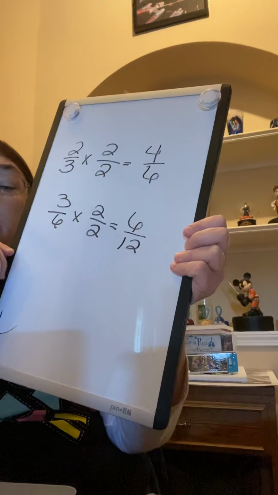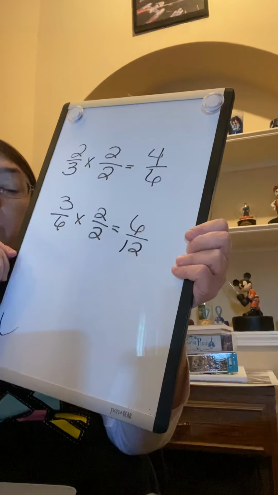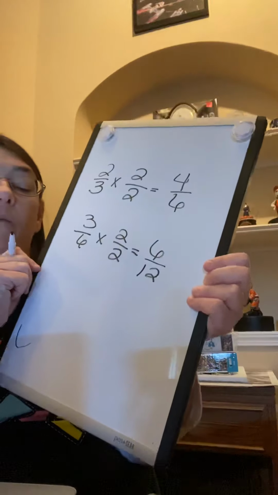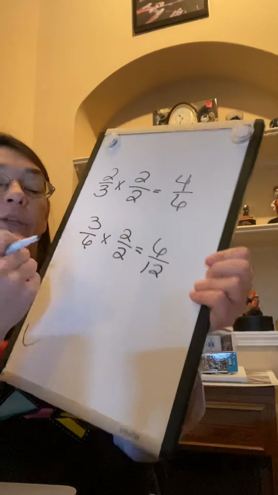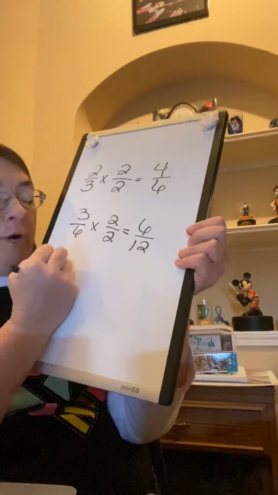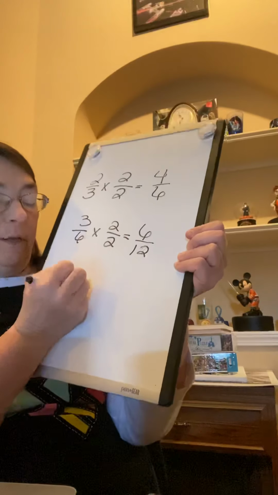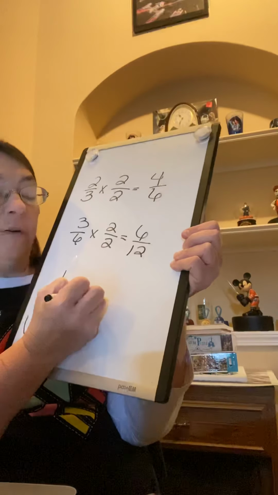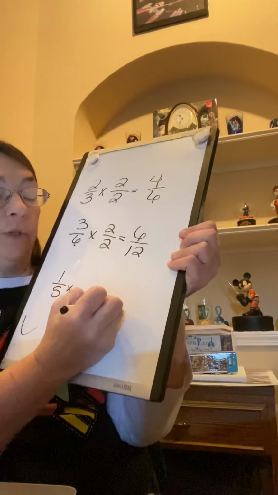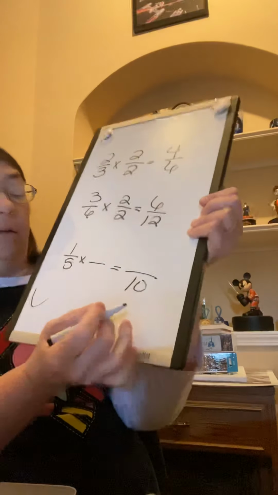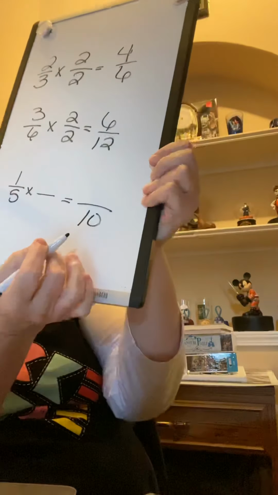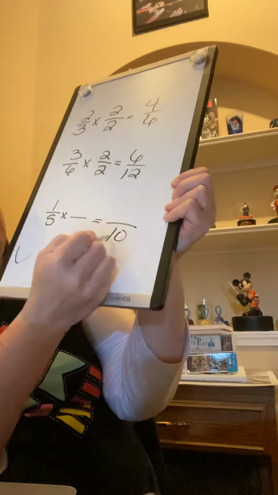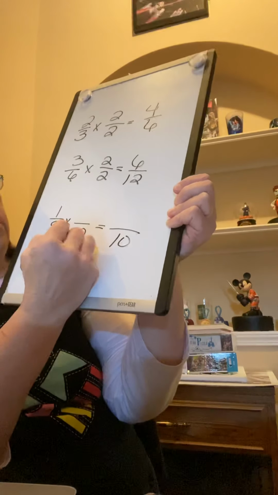Sarah A, number 6 was 6 over 4. All right, now I want you to solve, actually let's do number 10 together. 1/5 times blank over blank equals blank over 10. So basically it's wanting you to do what we did yesterday. 5 times what number gives me 10? 2.